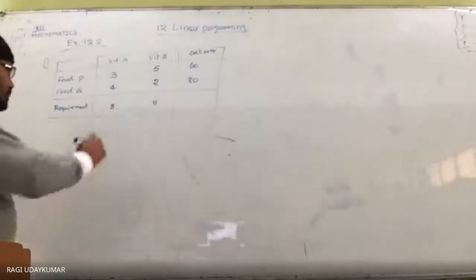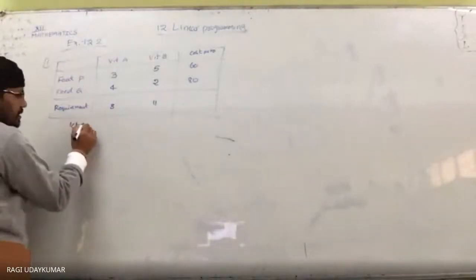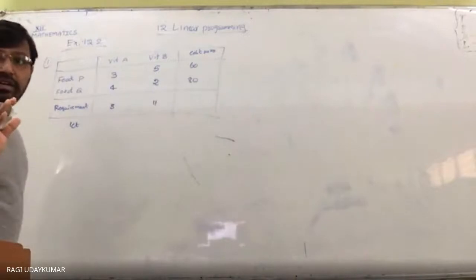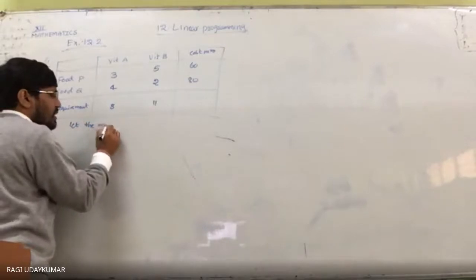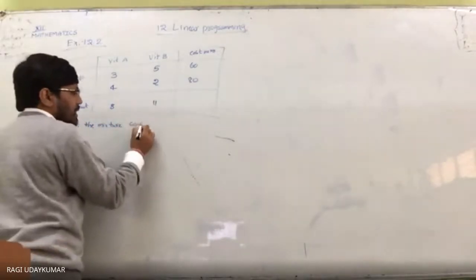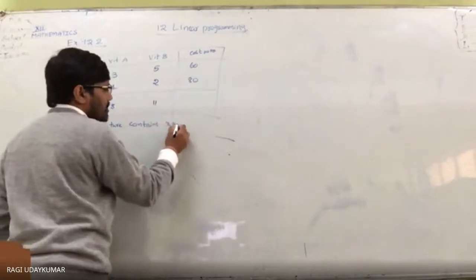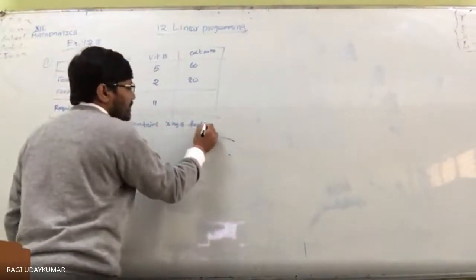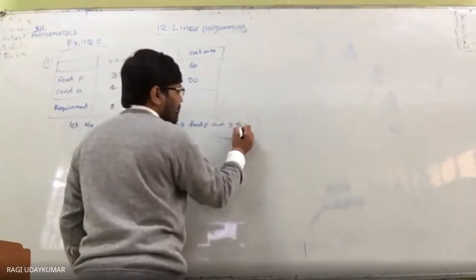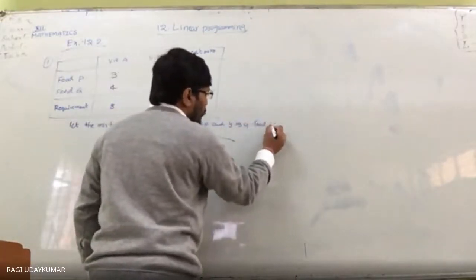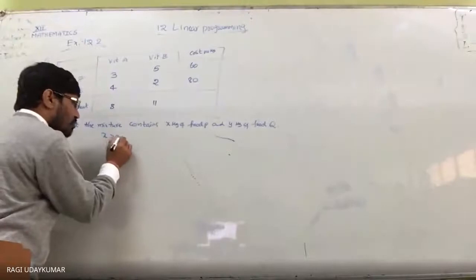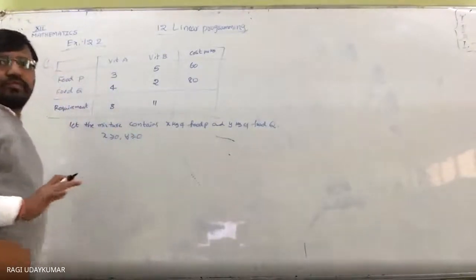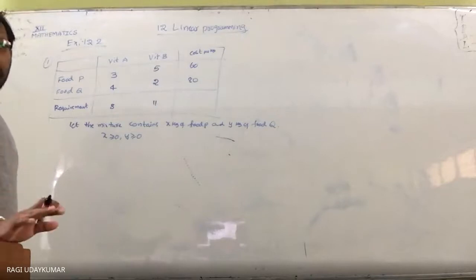So now, let the mixture, whatever mixture she is making, contain x kgs of food P and y kgs of food Q. The first condition is that both should be greater than or equal to 0.